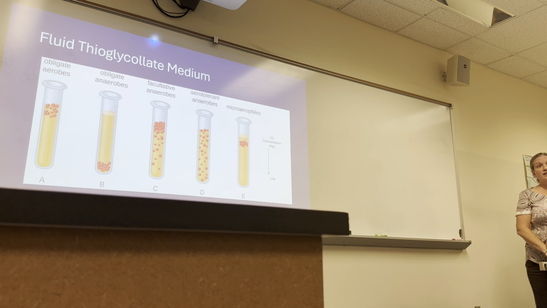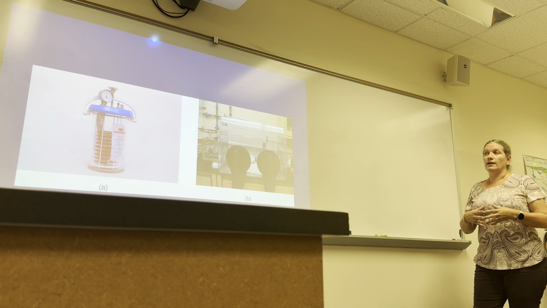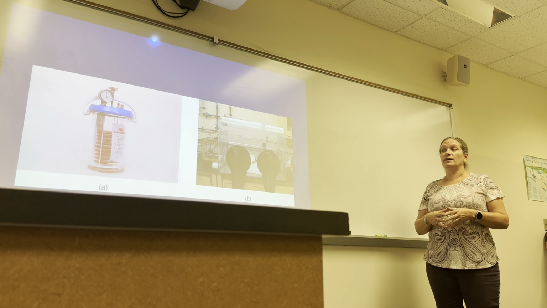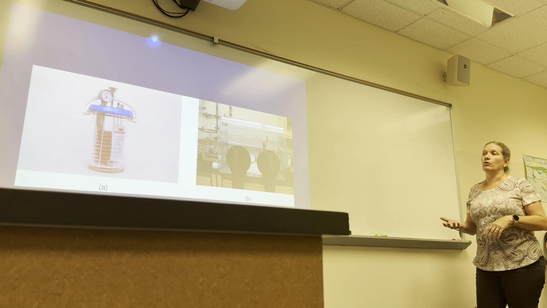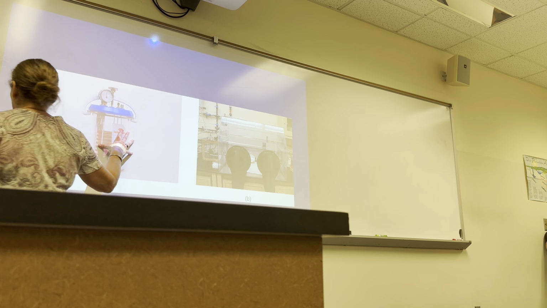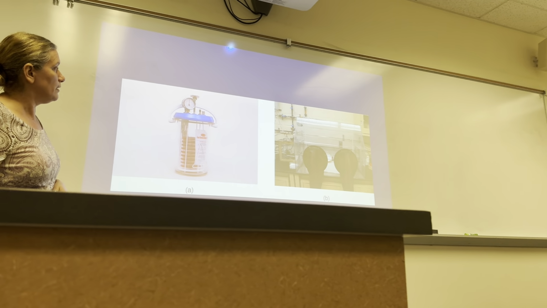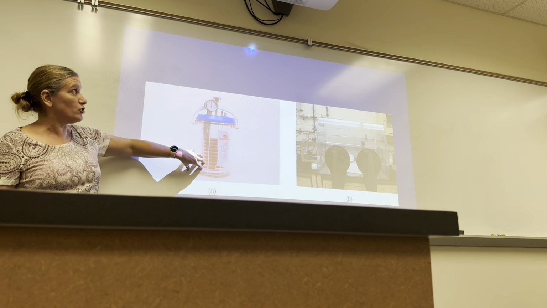Because it is a liquid matrix. So for the purposes of growing in an anaerobic environment on a solid surface, we have our anaerobic, I call it an anaerobic chamber. I can't remember what they called it exactly in the text, but this is what I'd consider an anaerobic chamber.